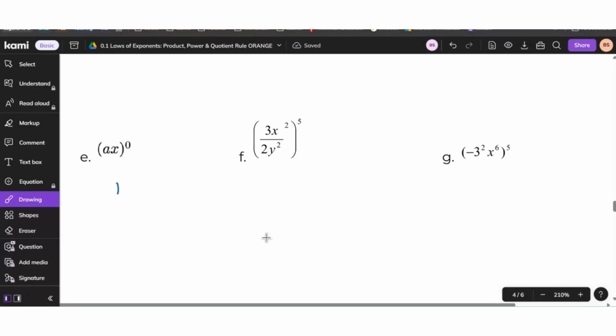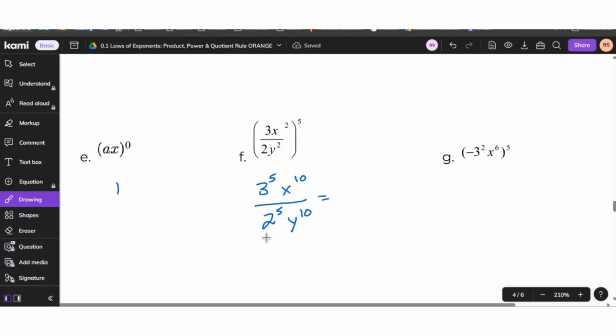Over here, right, I'm going to have to put that 5 in. Now, I have to put it on the numbers too. So what's 3 to the power of 5? Well, for now, let's just write it out. 3 to the 5. And then it'll be x to the 10 over 2 to the power of 5, y to the power of 10. But I'm never going to want you to leave it like this. I always want you to simplify that.